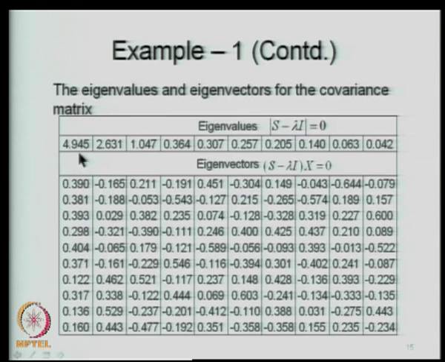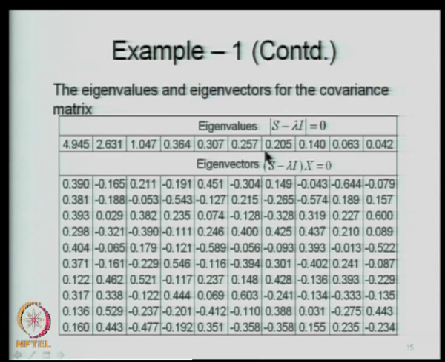This eigenvector is associated with lambda 1, this eigenvector is associated with eigenvalue lambda 2 and so on. As I mentioned, they come in pairs. There is an eigenvalue and there is an associated eigenvector. So, this is what we obtain for the covariance matrix.